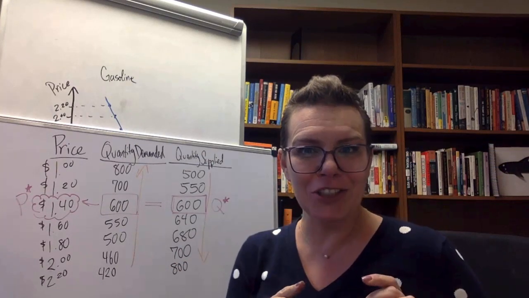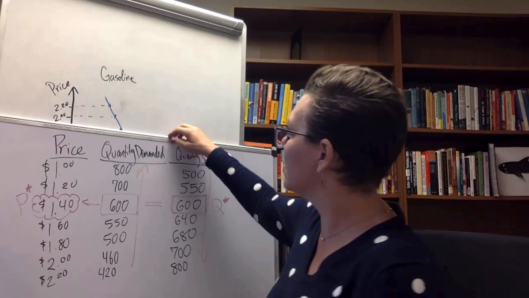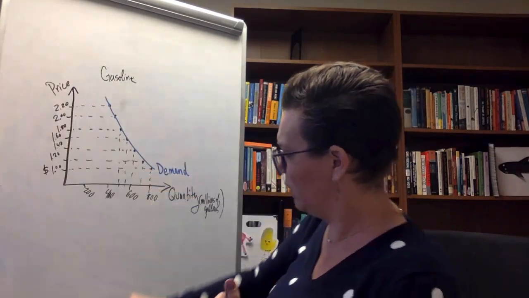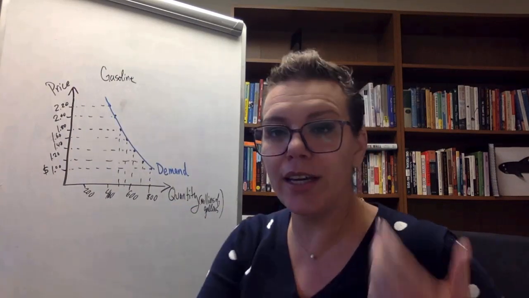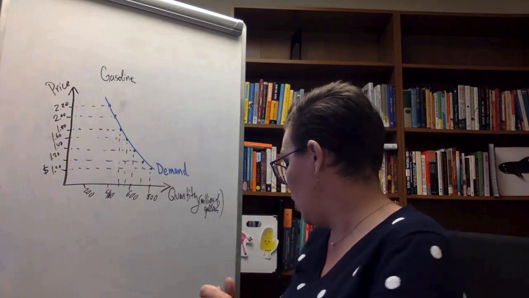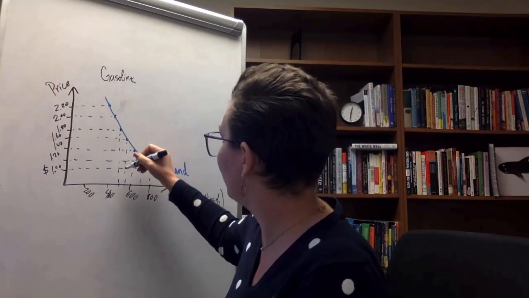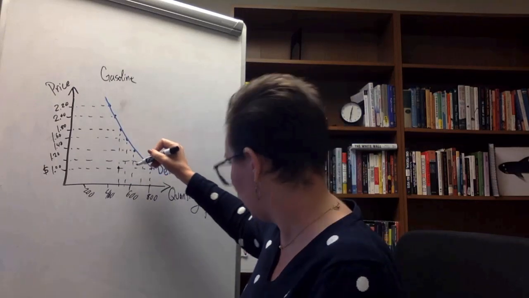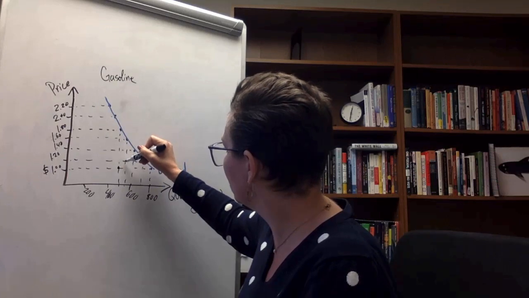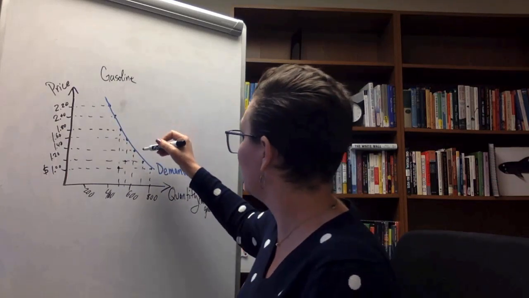The other thing we can do is graph supply and demand together in the same space, because they're both in price and quantity space, so we can graph them together. So at a price of $1, our quantity supplied was 500. At a price of $1.20, it was 550. At a price of $1.40, it was 600.